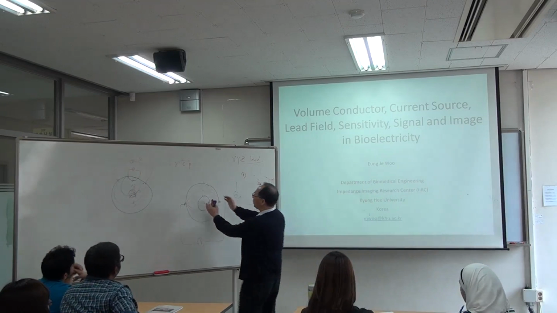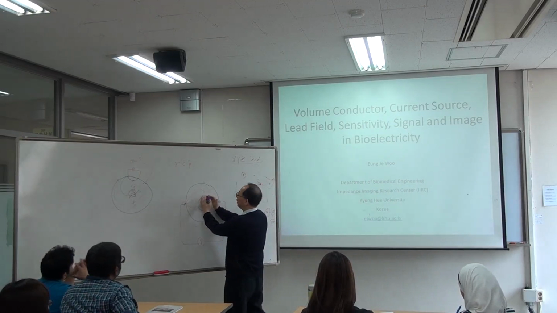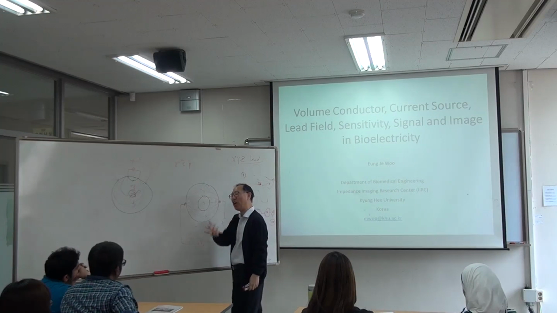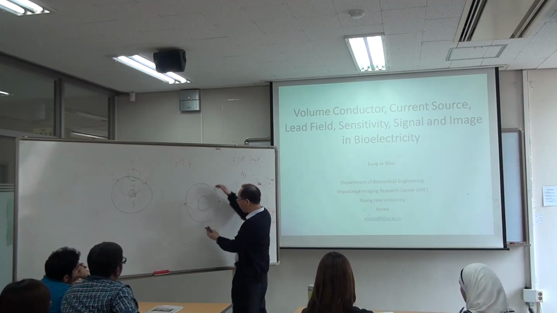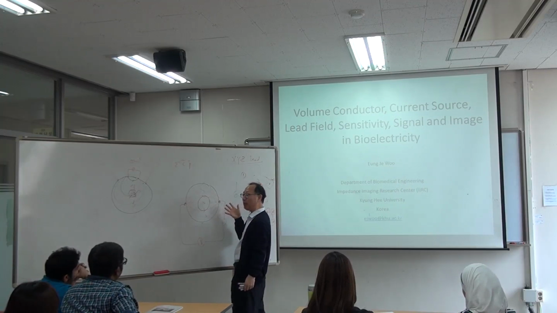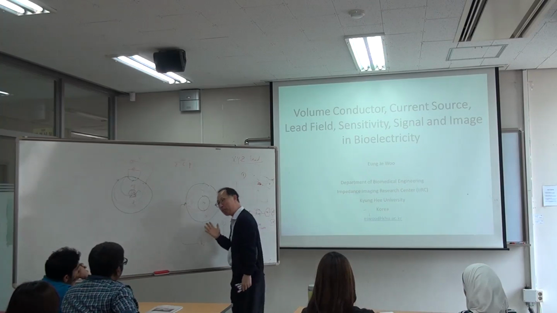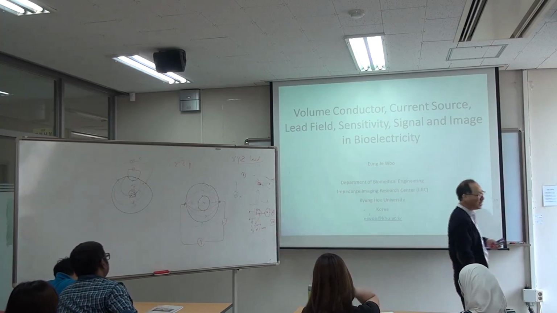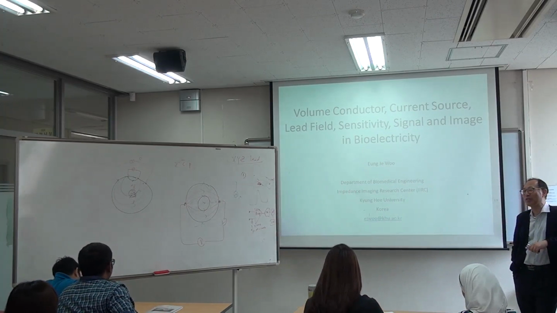Even though this blood vessel increases or decreases due to change in blood volume from the beating heart, the measured voltage is going to be very small because lead field vector and current density vector are perpendicular. So it's not a good idea to use that kind of electrode.